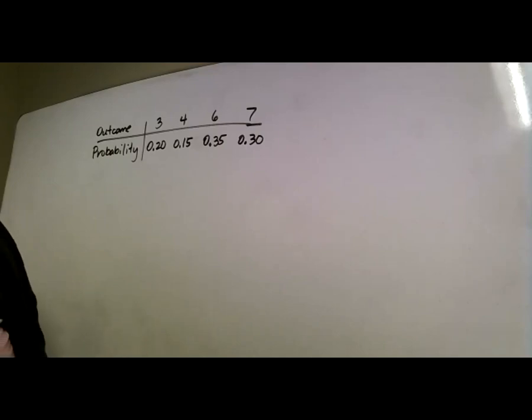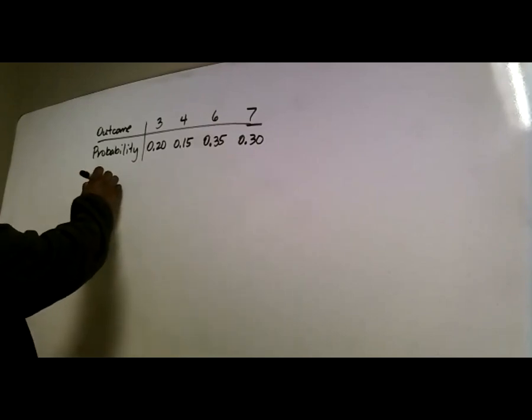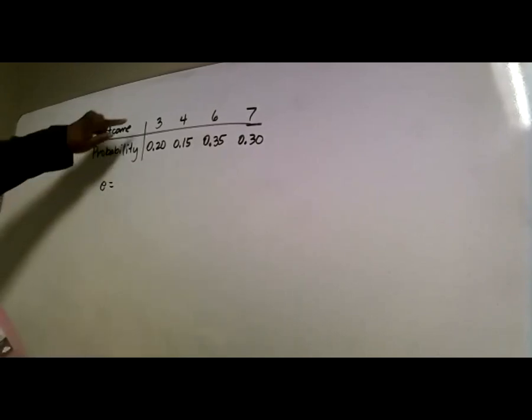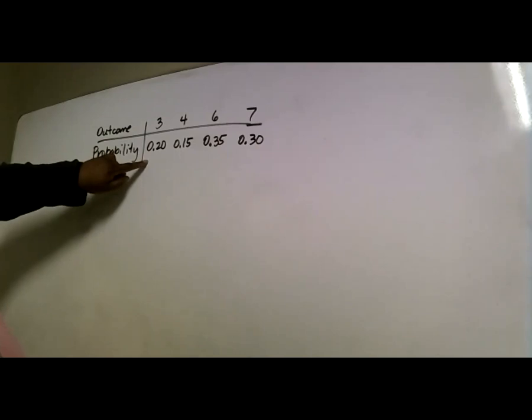Okay, so now let's find the expected outcome of this. So here, E is going to be equal to, we take the outcome multiplied by its corresponding probability.